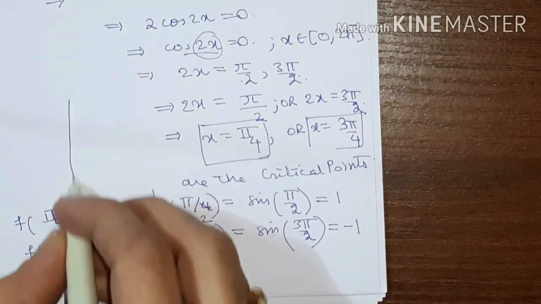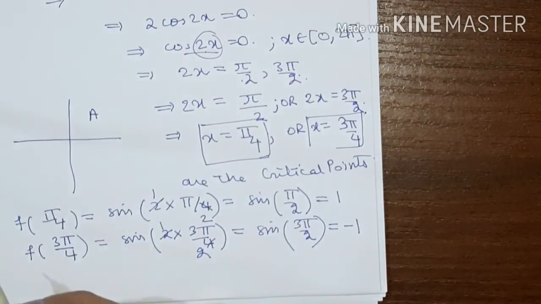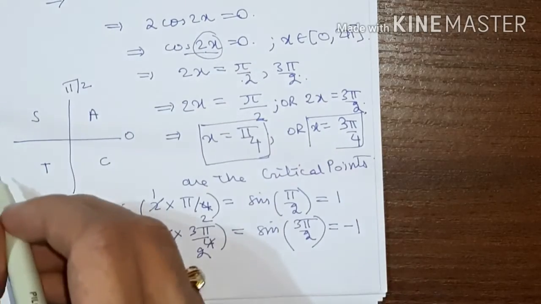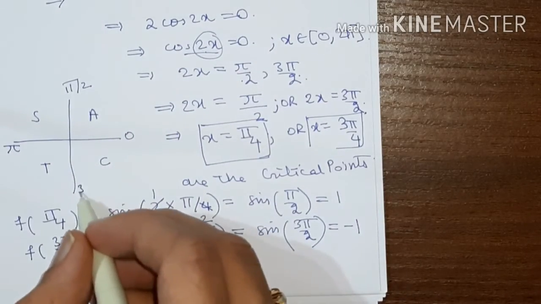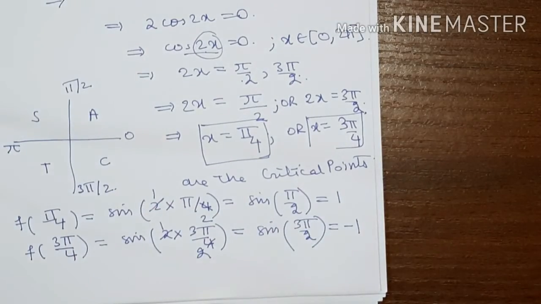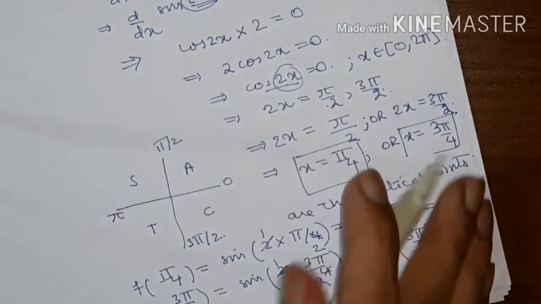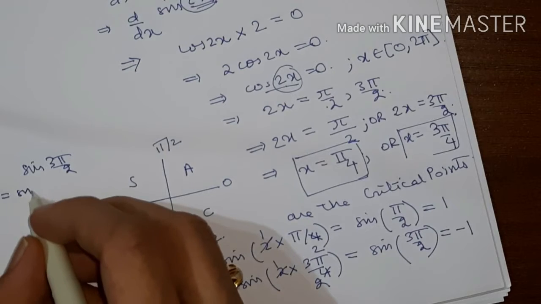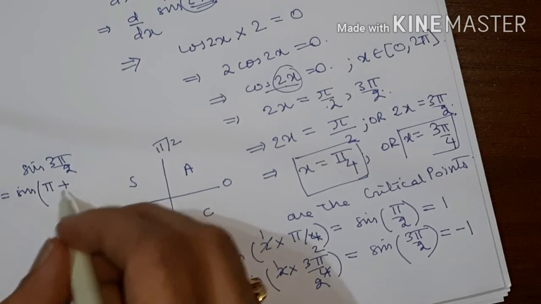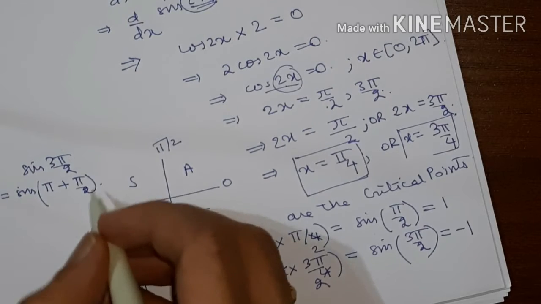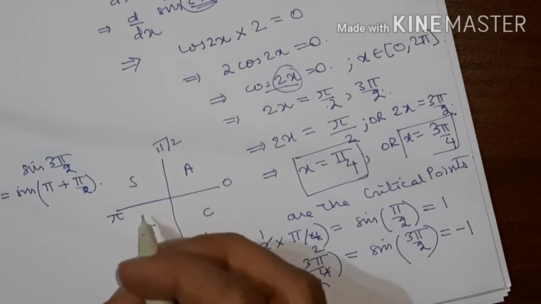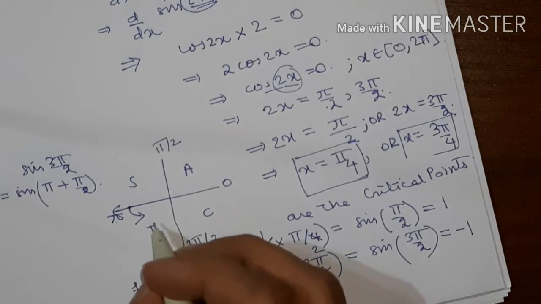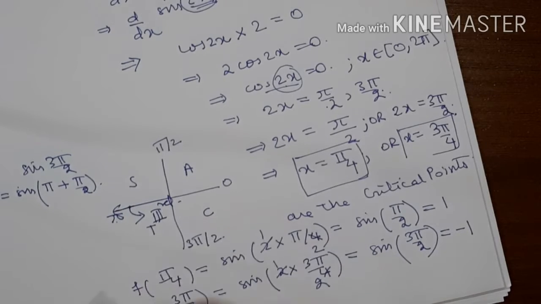Now if you don't know that, then you have to look at the all silver teacup concept. So this is 0, this is 90, that is pi by 2, this is pi, this is 3 pi by 2, right. Now suppose you write sine of 3 pi by 2 as sine of pi plus pi by 2. So you are going from the y-axis, that is pi, to the third quadrant, right.